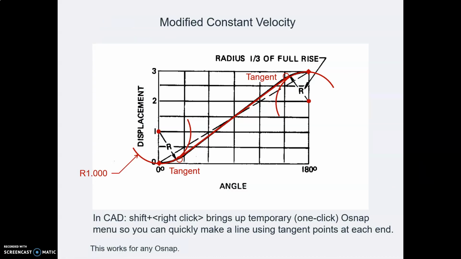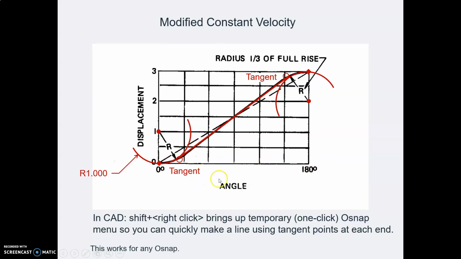So here's the start of the thing. It's going to rise in modified constant velocity for 180 degrees. So the first half of your graph will go from 0 degrees to 180 degrees, and that degrees means how far your cam has rotated. It's rotated a half a circle so far.